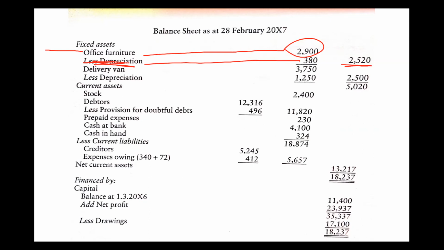And then you have the delivery van as well. You less the depreciation that occurred to the delivery van, and the difference is 2,500. Then you consolidate all the fixed assets. This is the total sum of the fixed assets, 5,020.